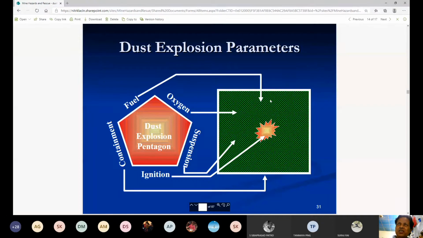So oxygen is present, coal dust is present, and the particles remain suspended in this containment zone. If there is an ignition source in the containment zone, then ignition will take place and explosion will take place. So these are the five dust explosion parameters we talk about.